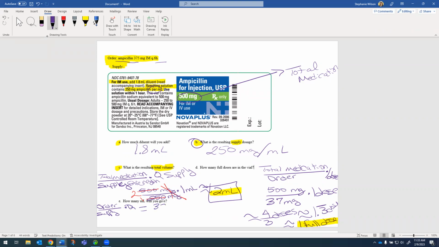So my order is 375 milligrams. The supply is 250 milligrams times 1 milliliter. So I got 375 divided by 250. My milligrams reduced down and leaves me with 1.5 times that 1 milliliter. So my answer is 1.5 milliliters.